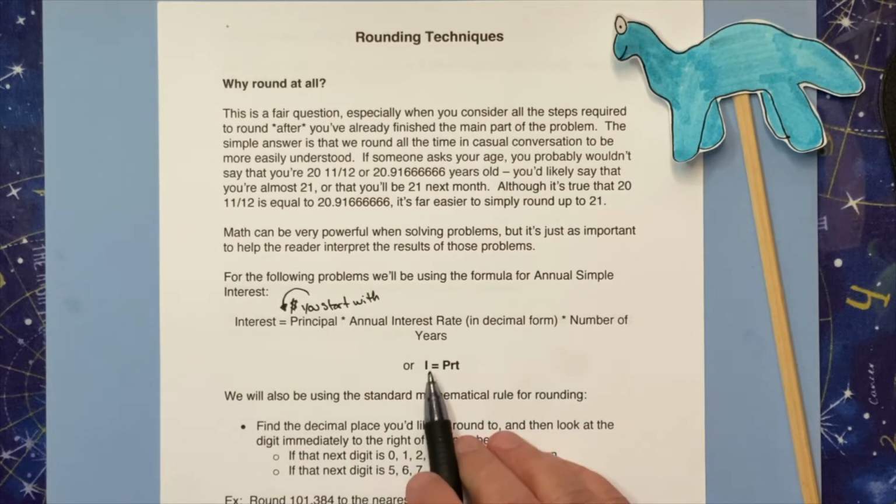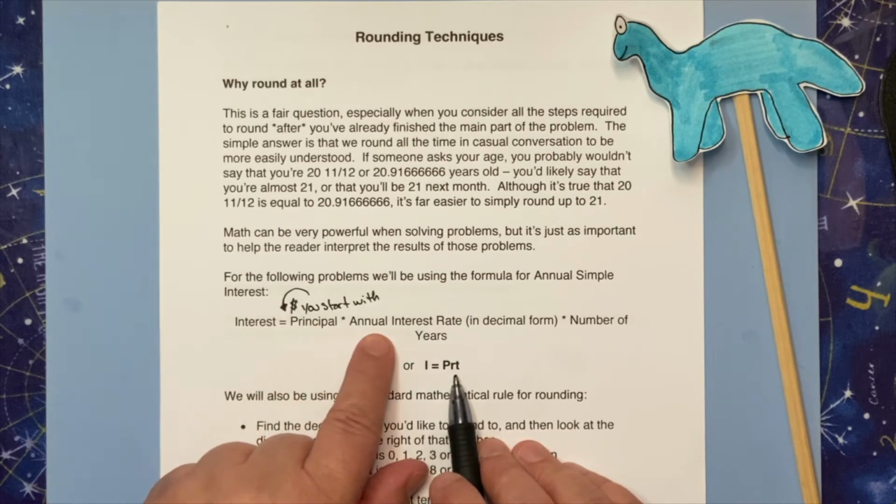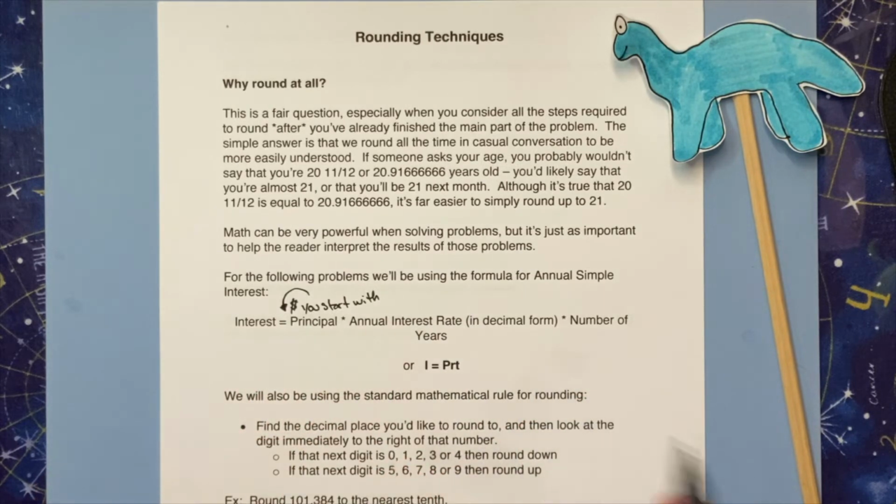And it can be written as I for interest equals P, principal, times R, the interest rate, times T. So that's the formula we're going to be using.